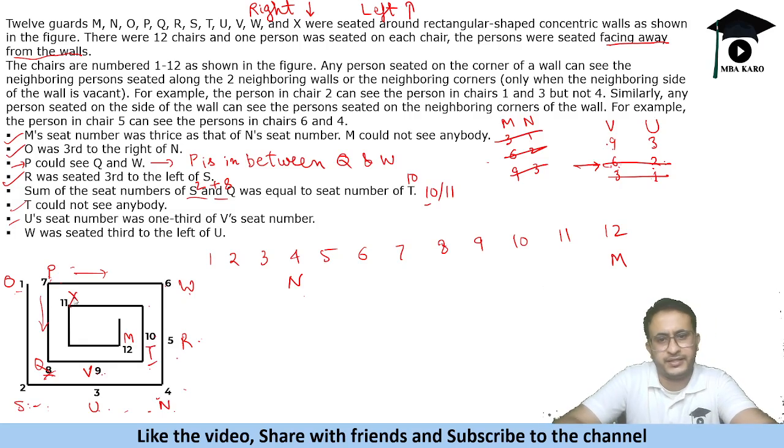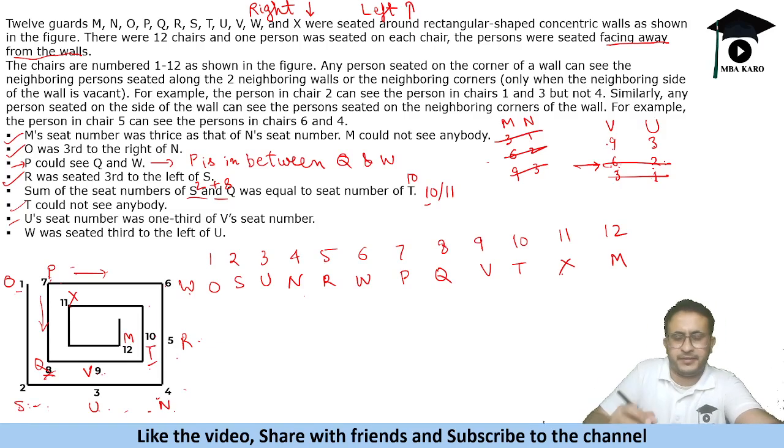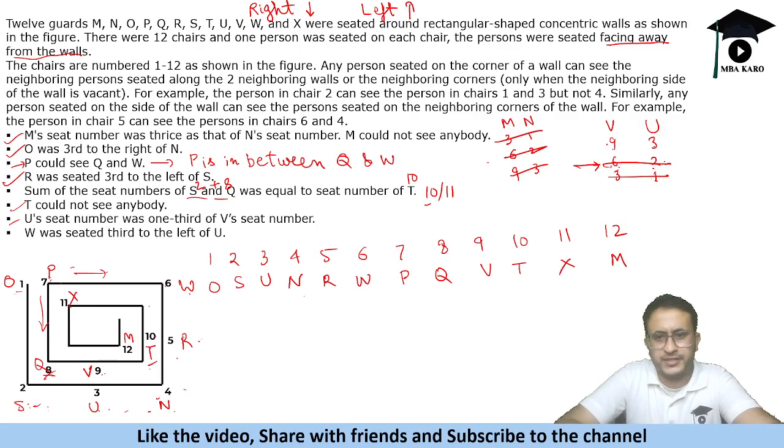So X is at 11. Okay, so this is the seating arrangement. So we have O, S, U, N, then R, W, P, Q, V, T, X, and M. So I hope you also got the same arrangement.